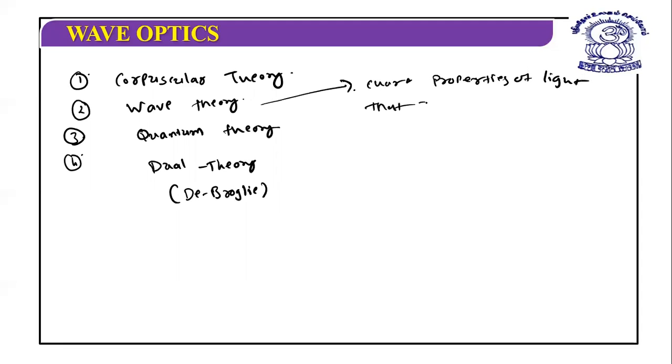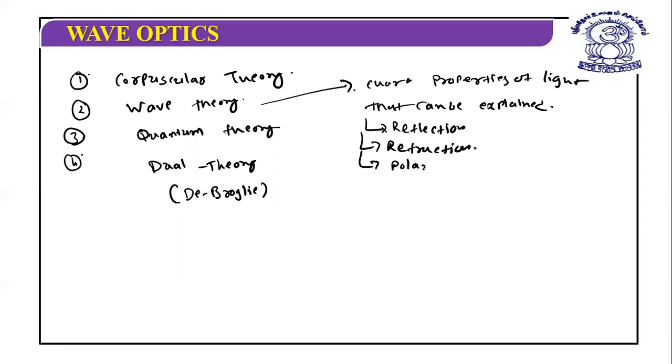That can be explained using wave theory are reflection of light, refraction of light, polarization of light, interference of light, and diffraction of light, among which we are going to see the interference and diffraction of light.